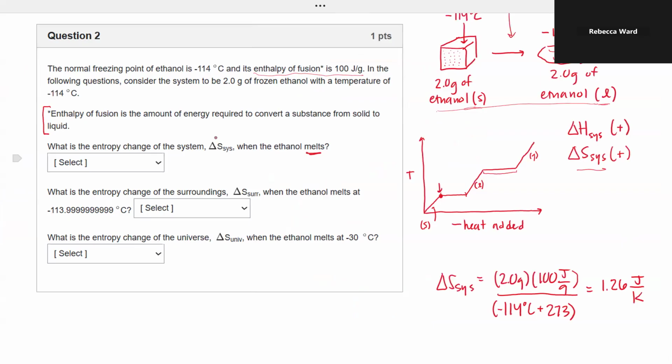Okay, when the ethanol melts at negative 114, so just ever so slightly, infinitesimally slightly higher in temperature, right? We've added 1 over infinity, so you should read this as I'm trying to emulate a reversible process. We're trying to achieve a reversible process.